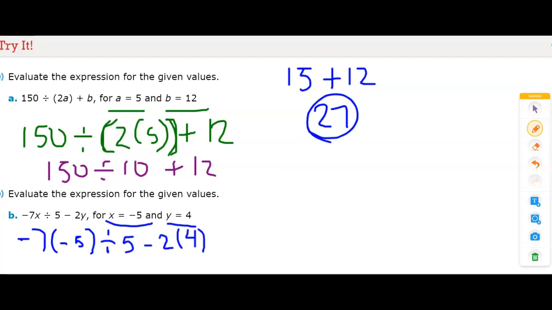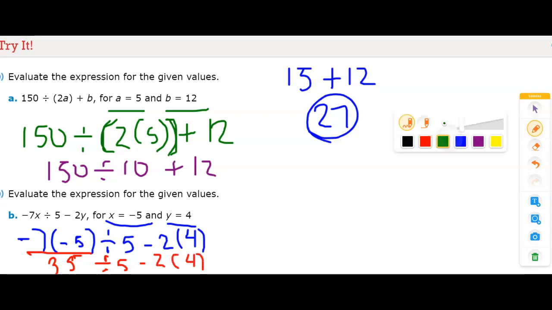So now we evaluate using order of operations. We'll do our multiplying or dividing first from left to right. So starting from the left, we have negative 7 times negative 5, and a negative times a negative will give us a positive, so that would be positive 35 divided by 5 minus 2 times 4.